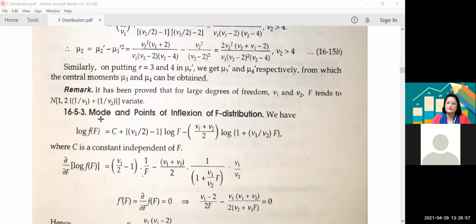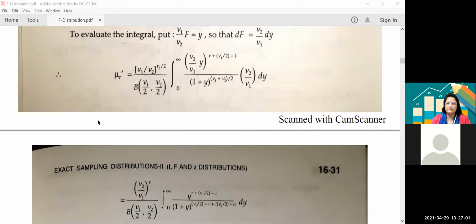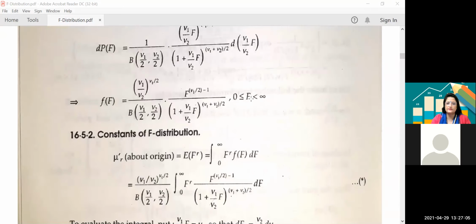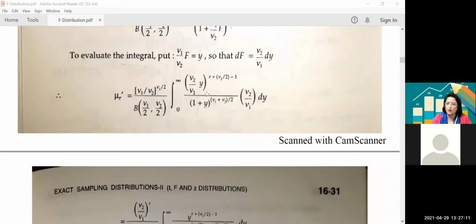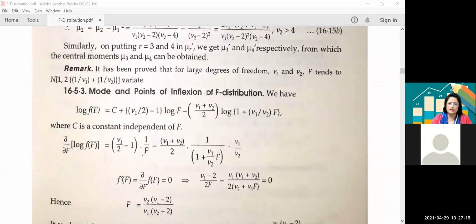So for the mode, सबसे पहले, क्योंकि एक्सप्रेशन जो है आपका PDF, what was the PDF, here's the PDF, this one. So ये उनकी पावर्स में है. सबसे पहले पावर्स को नीचे लाने के लिए we will take the log. So first of all, for finding the mode of the distribution, the first line what you will write is the PDF of F distribution is given by this, then taking log on both sides.